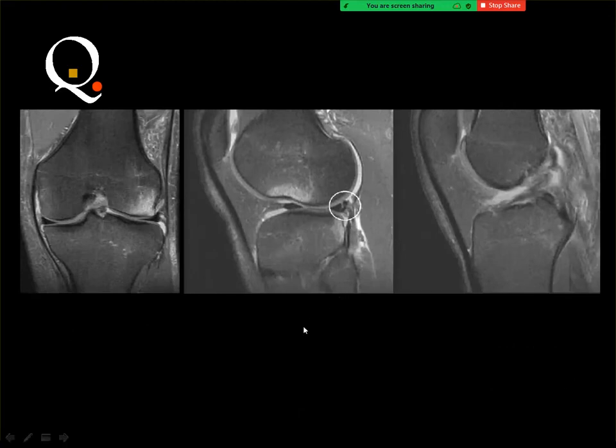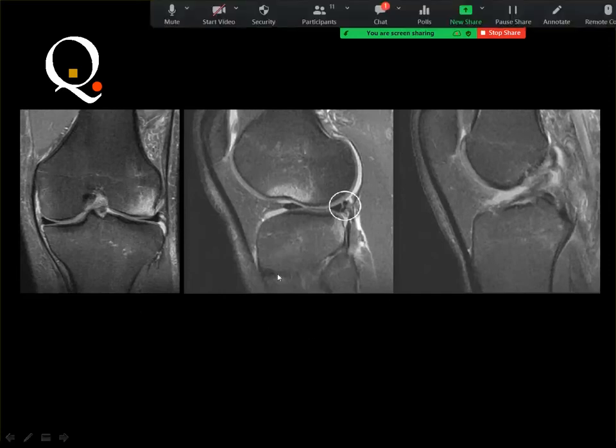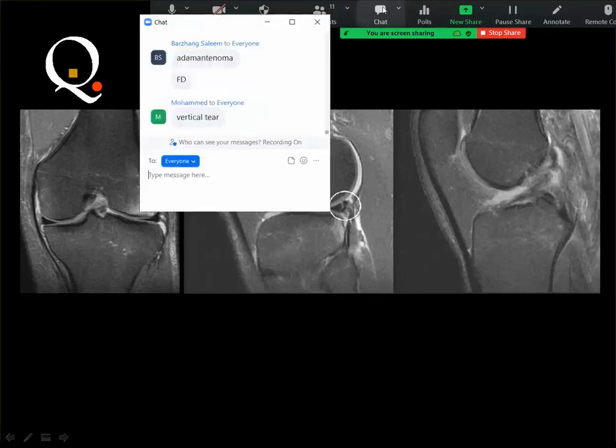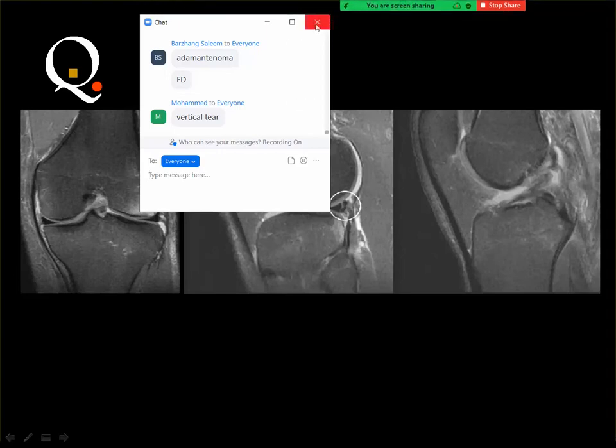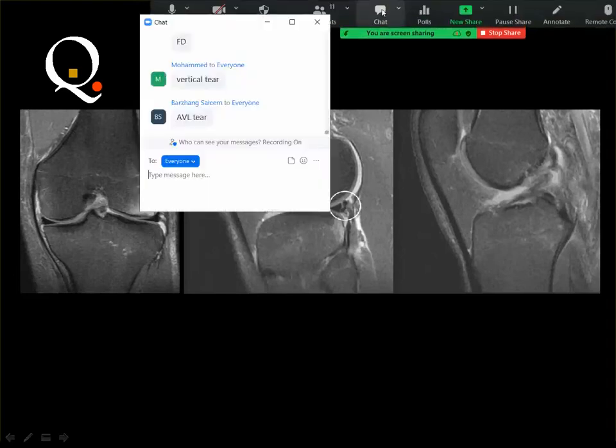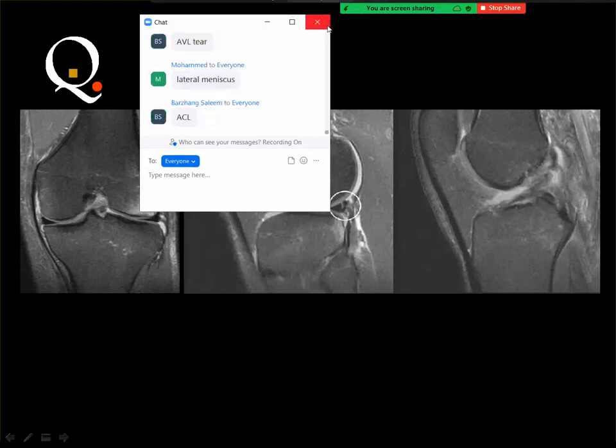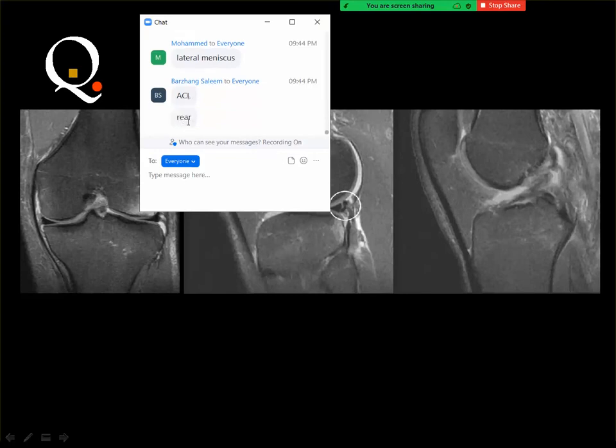Then this is MRI of the knee, and this circle shows the pathology in the meniscus, and also you got other lesion here and one other lesion there. Vertical tear of what? Vertical tear of the lateral meniscus and ACL. What do you mean by ACL?